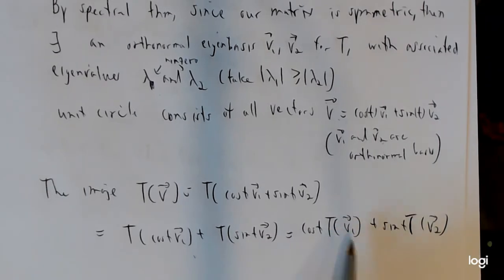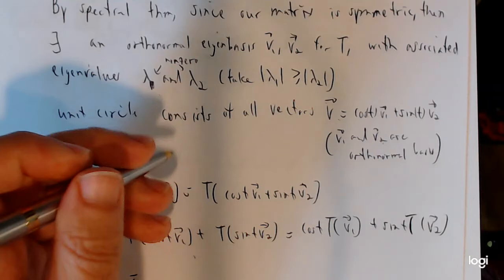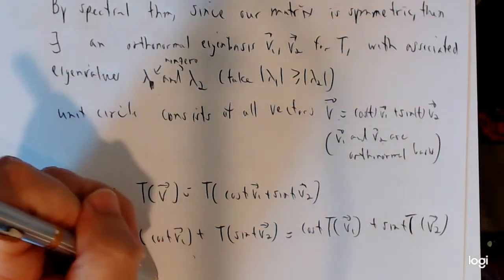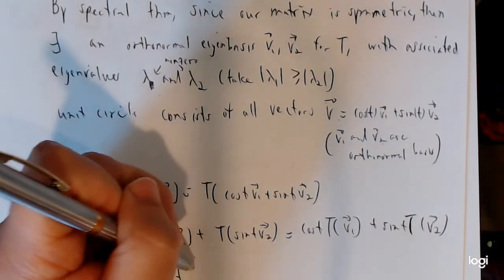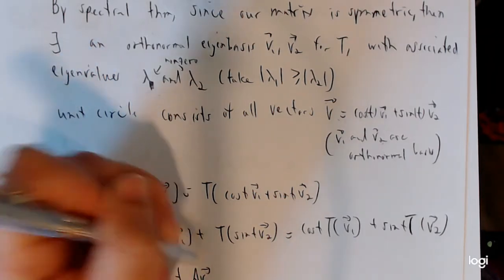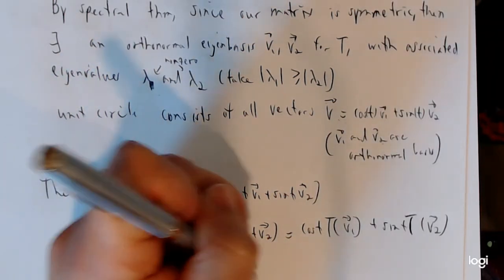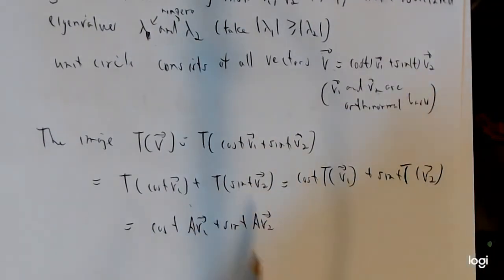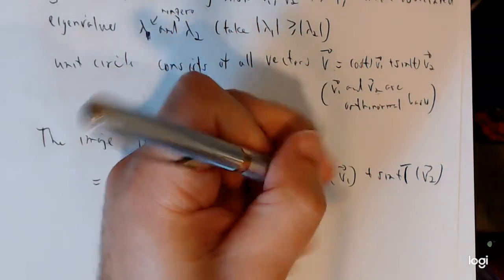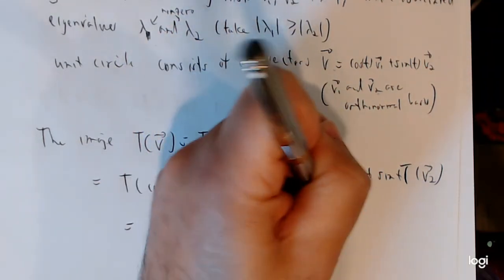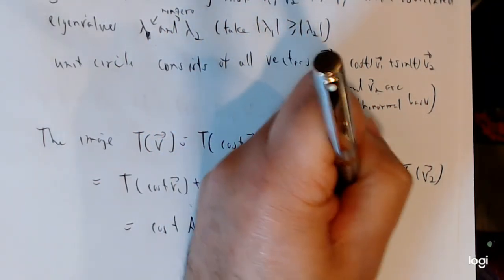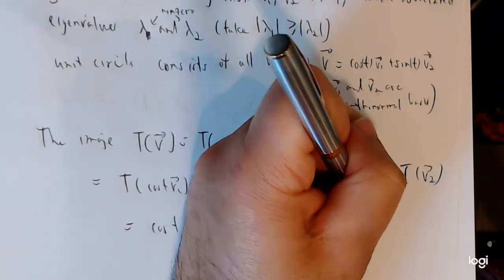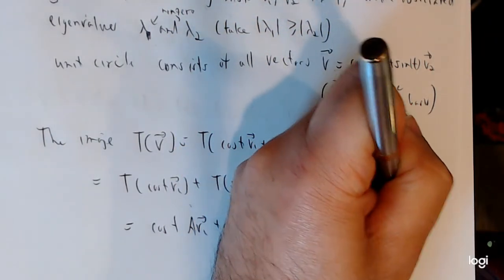So with that said, what is T of v sub 1? That becomes cosine of t A v sub 1 plus sine of t A v sub 2, and what's A v sub 1? That just becomes cosine of t lambda 1 v sub 1 plus sine of t lambda sub 2 v sub 2.